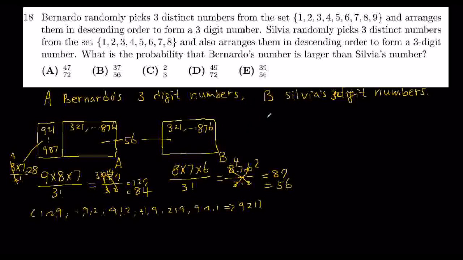So the probability that A is the number picked from set A, and B is the number picked from set B, the probability A is greater than B can be equal to P1, which is A equal to 9xx, plus P2, which is A not equal to 9xx.